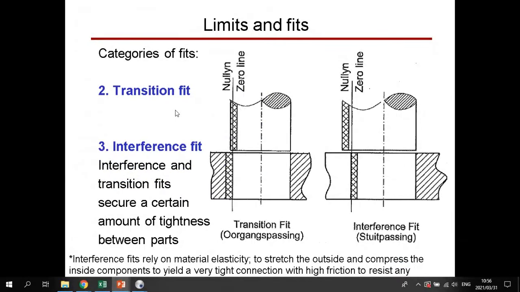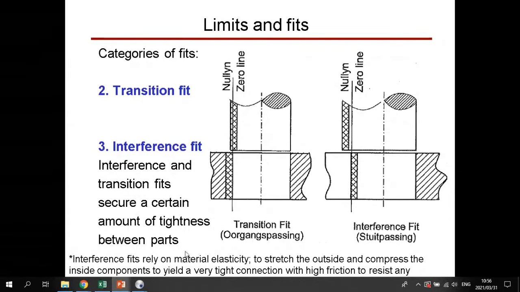The second type is a transition fit, where some of the shafts would be bigger than some of the holes. And an interference fit is basically when all of the allowable variation in hole diameter is smaller than all of the variation in outside diameter of the shaft, which feels impossible.